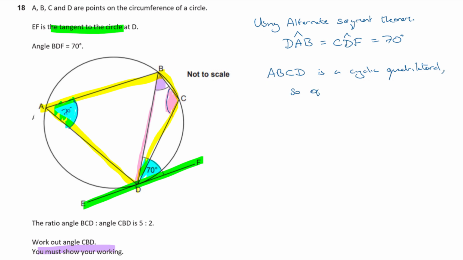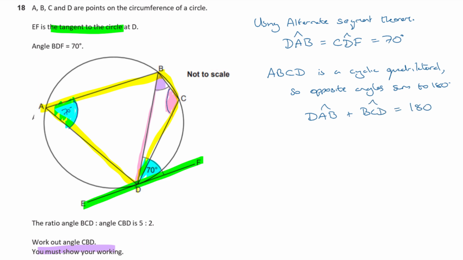In other words, angle DAB plus angle BCD must be equal to 180 degrees.